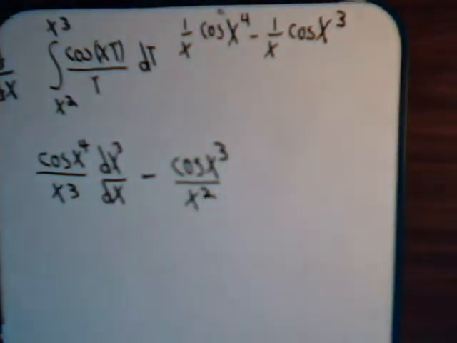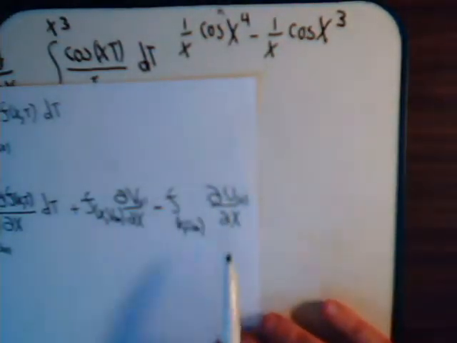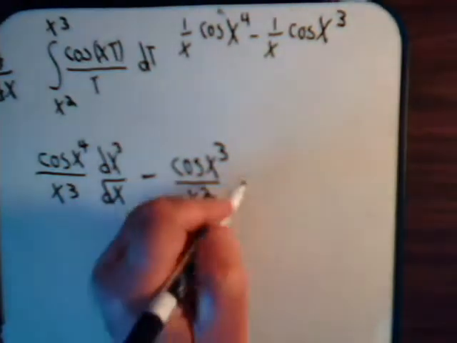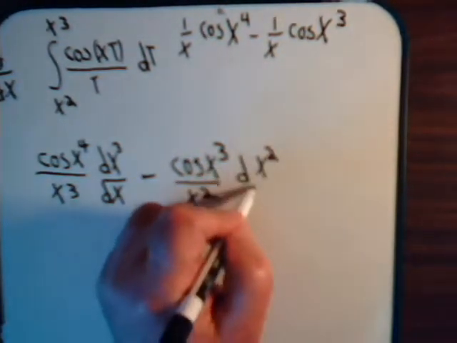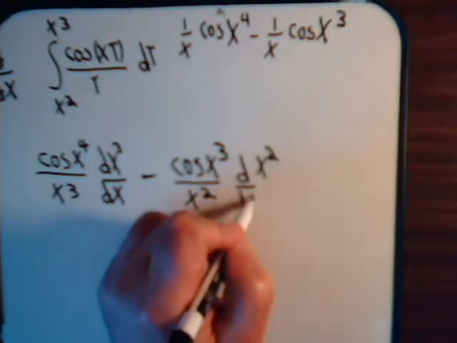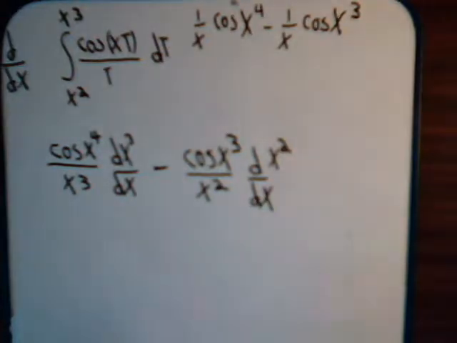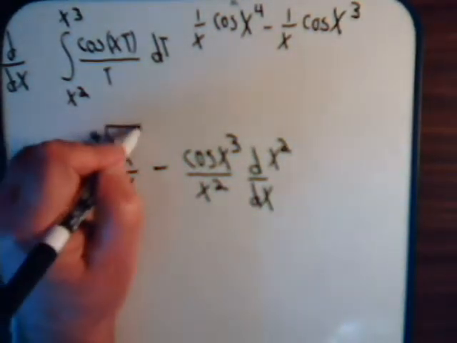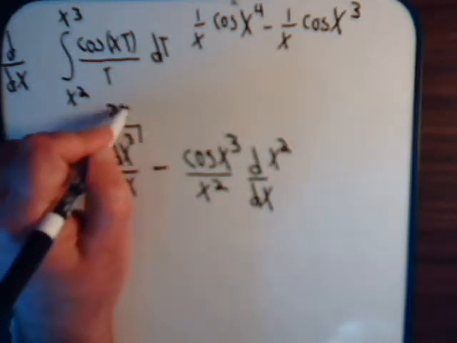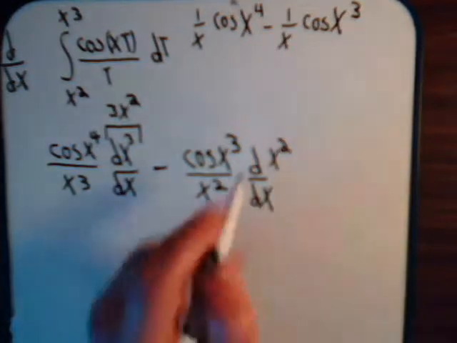And then we have du dx. U is x squared. So this, that's 3x squared. This is 2x.